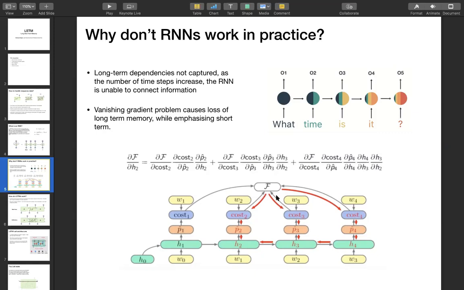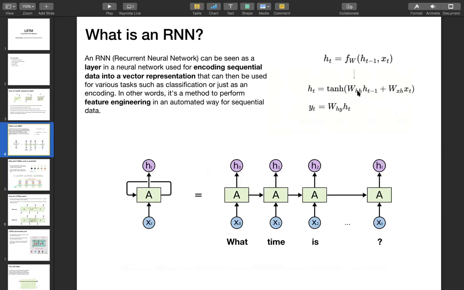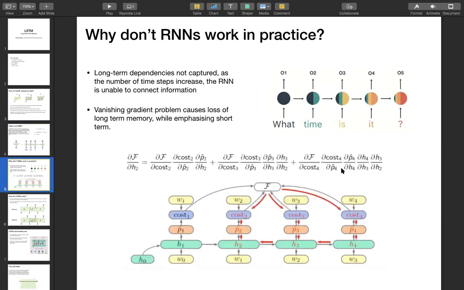However, this is not an acyclic graph, because h depends on the previous hidden state. As we saw in the previous slide, in your forward pass you are computing it in such a way where you take in the previous hidden state and combine it with the current input.